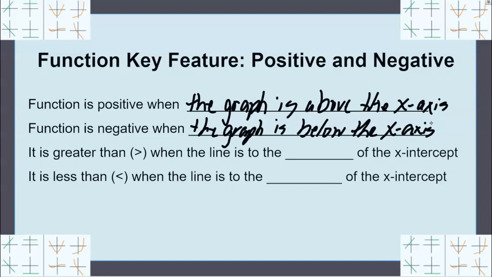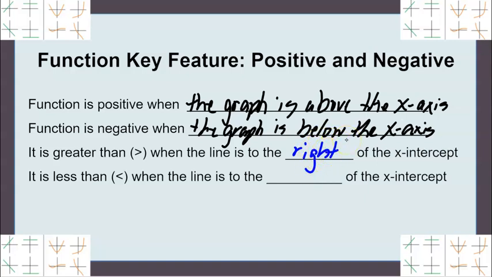After you decide that part, everything is going to focus in around the x-intercept. So if the line is to the right of the x-intercept, it is greater than.